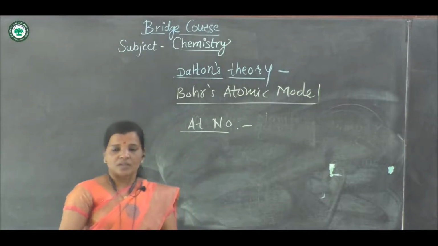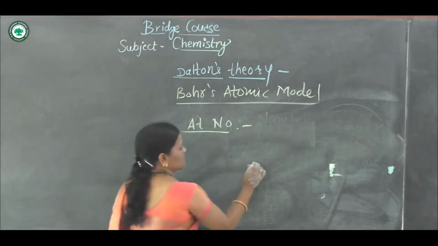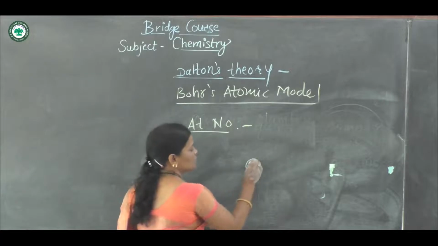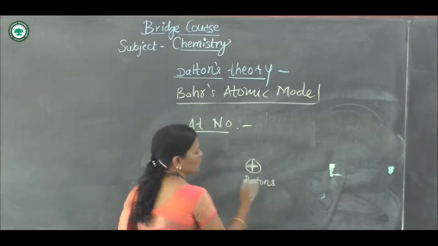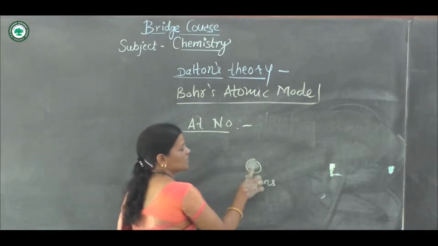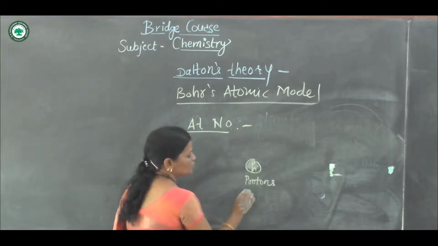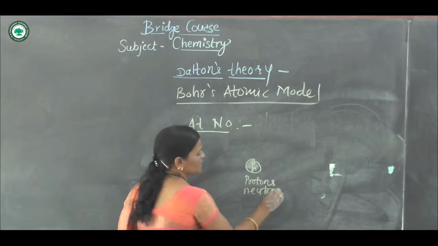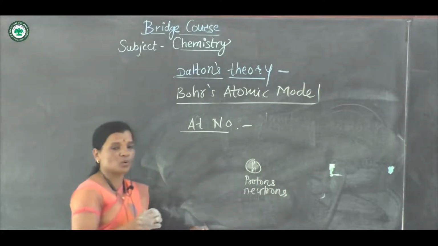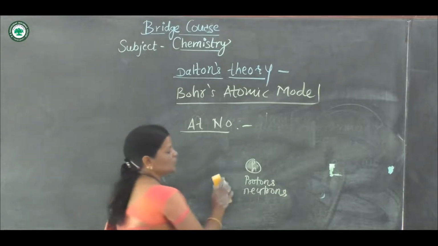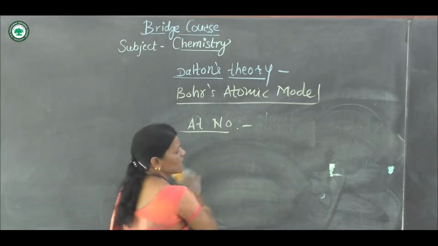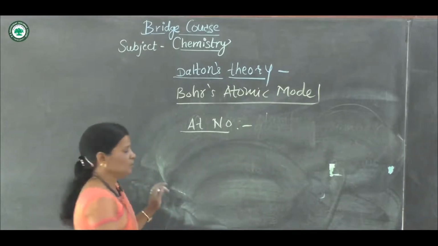So here a positive charge is present inside the nucleus, and this positive charge is said to be protons. Along with protons, neutrons are also present inside the nucleus, and electrons are revolving around the nucleus.